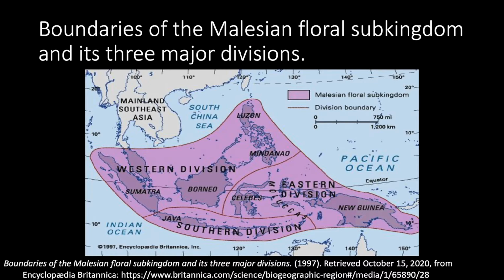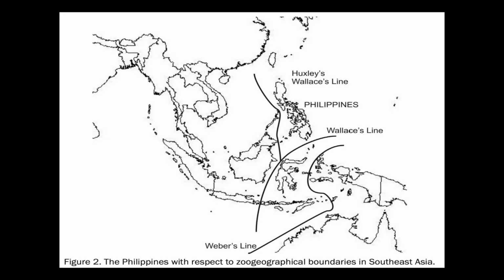So the Wallace Line, as you have seen here, was originally named by Huxley, who regarded it as a line of separation between two distinct faunal regions, the Oriental, from the mainland Asia, and the Australian region. Huxley's data were actually based upon Wallace's work. That's why it was named Wallace Line.